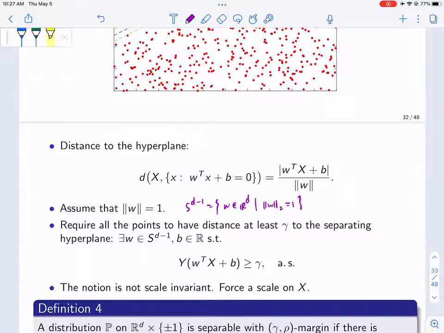I'm going to assume that there exists w such that w is norm 1, and so if this is positive and this is also positive, this is the absolute value here, right?